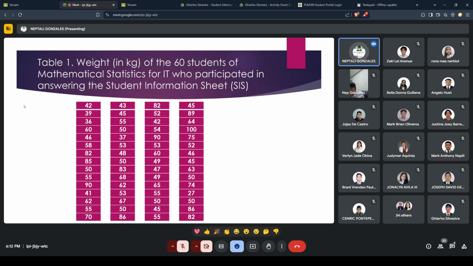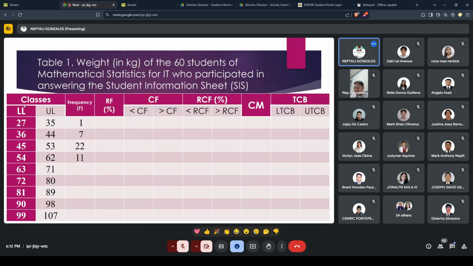So there are 10. Uy! Counting pala, puro mali na. So from 54 to 62, there are 11. So there are 11 from 54 to 62.